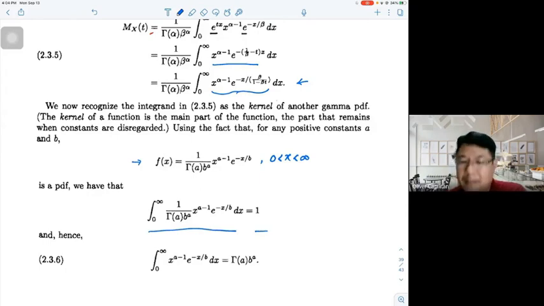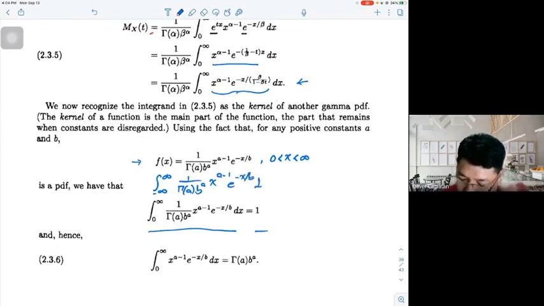Okay? Supposedly, we have the integral of your PDF dx evaluated from negative infinity to positive infinity. Ganun man yan. Negative infinity to positive infinity. Your PDF, 1 over gamma of a, b to the a, x to the a minus 1, e to the negative x over b. You have your indicator function x from 0 to positive infinity, okay, dx. So equal na yan siya. And this would be equal to 1.